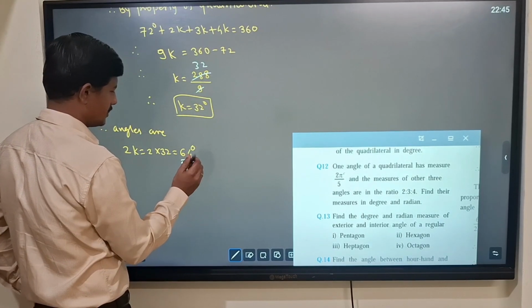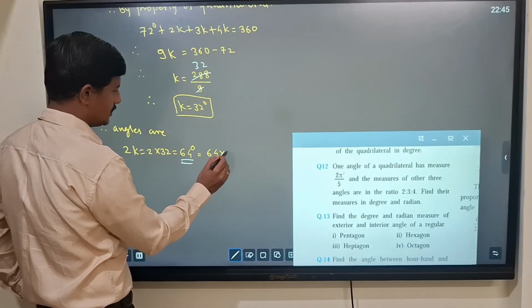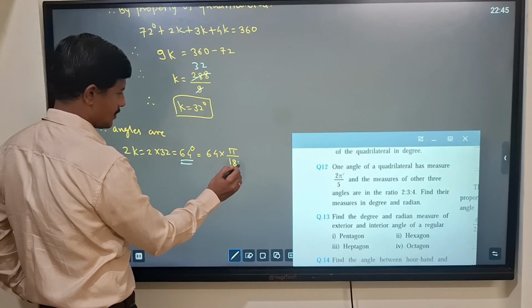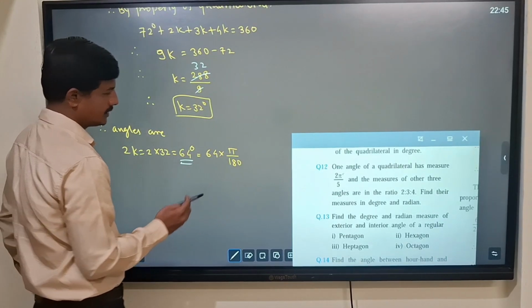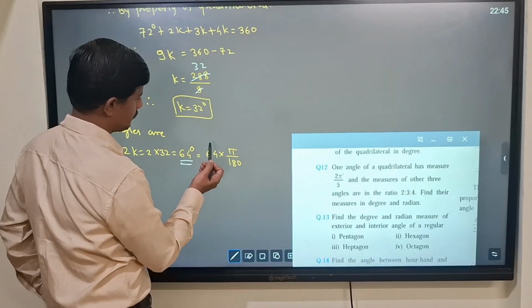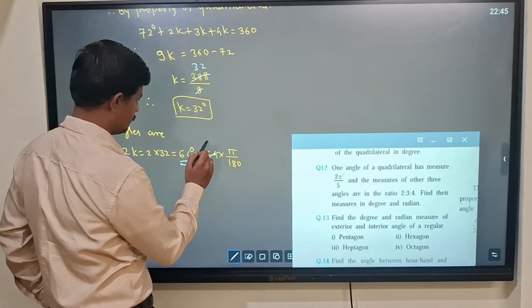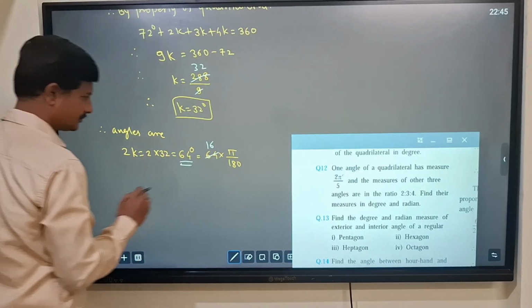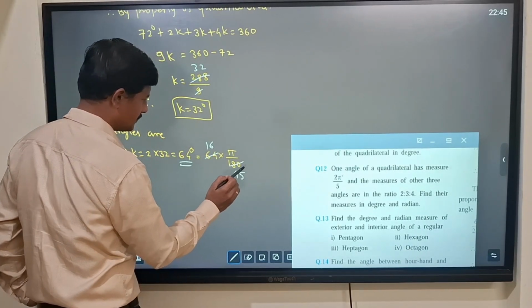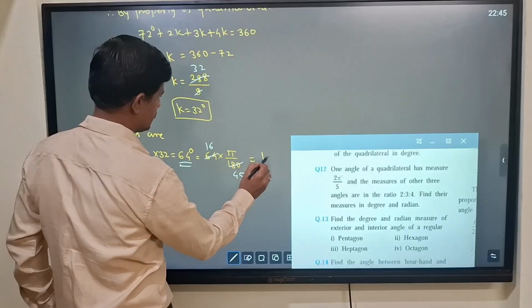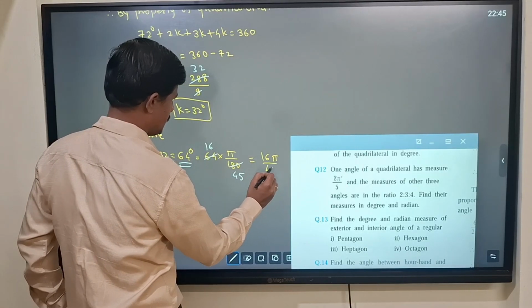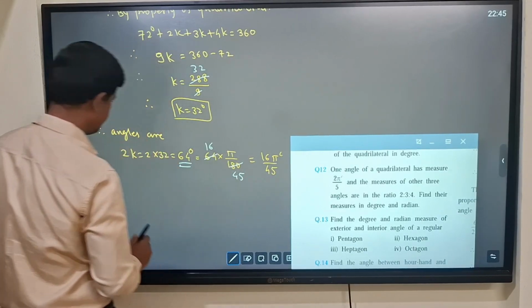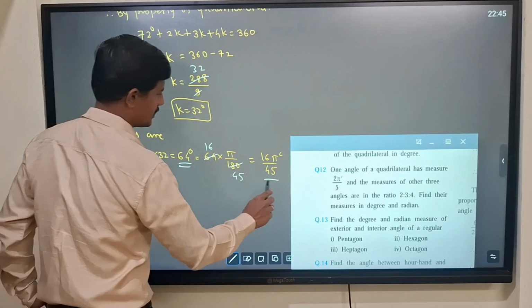That is equal to 64 into pi by 180. After dividing it by 4, this becomes 45. So this becomes 16 pi by 45 radian. This is second angle.